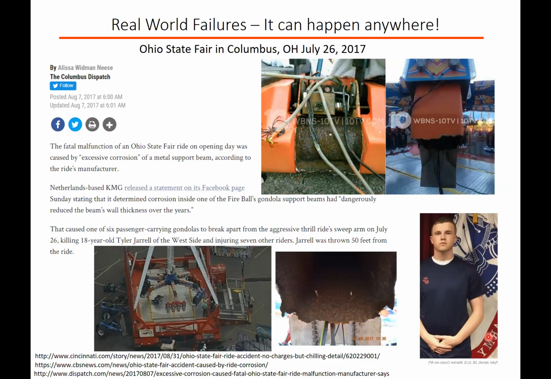Here's another example of a situation where thinning of a component, due to corrosion, led to failure. This was a ride at the Ohio State Fair just a few years ago, and you can see here that this component had cracked.